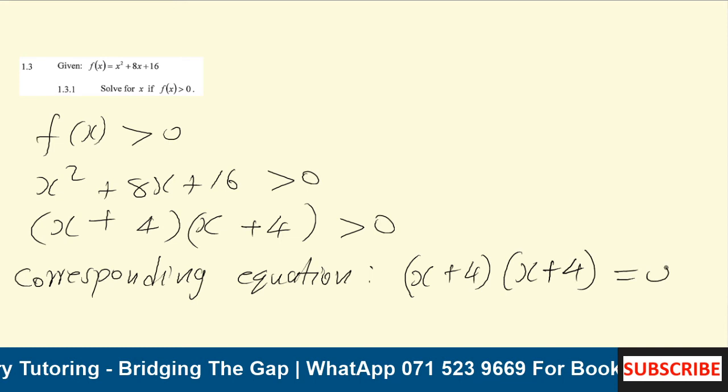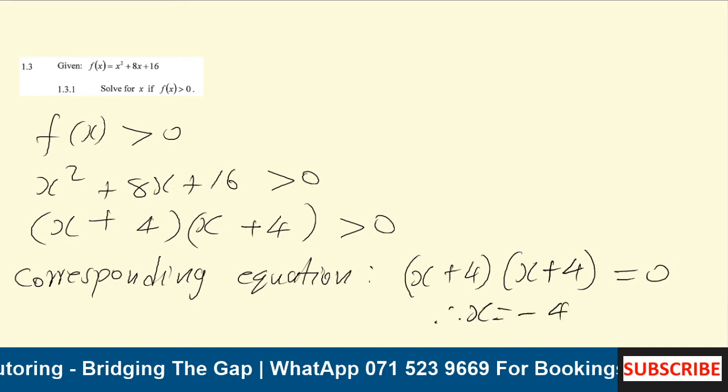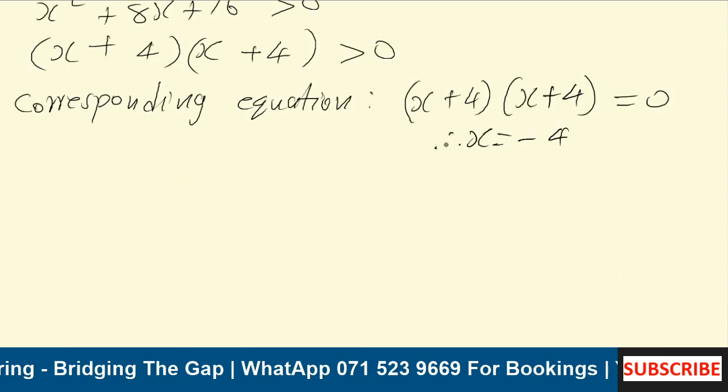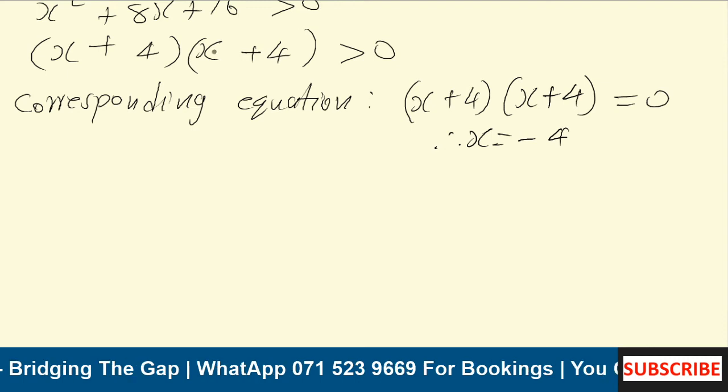Therefore, x is equal to minus 4. This is the corresponding equation. Now we're going to look for the values of x for which the given statement, x plus 4 times x plus 4, is greater than 0.